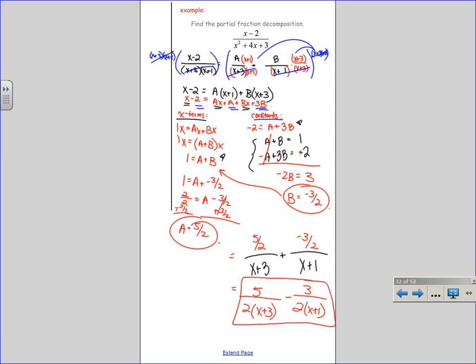Whether they did the cool trick or put this guy over 1 and multiplied by the reciprocal, either way they end up with their final solution. And you can't combine it because they're supposed to be separate, different denominators. They just happen to both have a 2 in the bottom because they were both fractions.